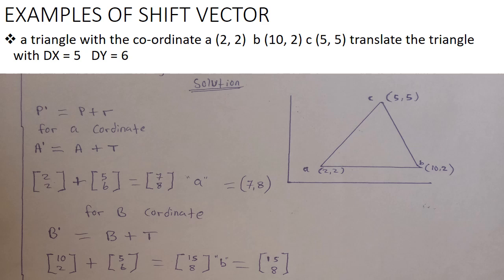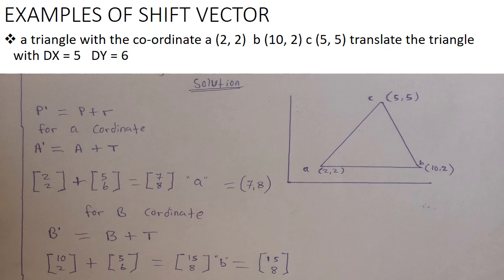So 2 plus 5 is equal to 7, then 2 plus 6 is equal to 8. Automatically we have our coordinate of A', which is 7,8. The first is 7, from 2 plus 5, then 2 plus 6 is 8. So we have 7,8 as the coordinate of A.